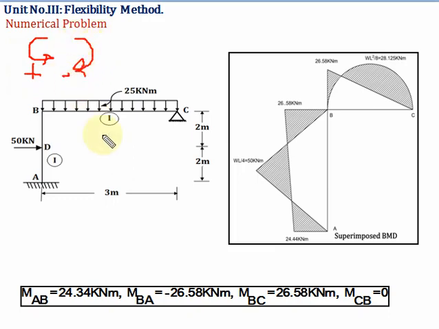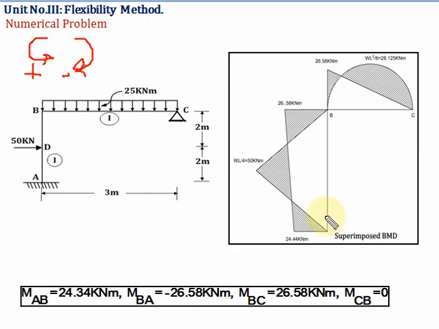Now if the value is plus, that means this moment is acting in the anticlockwise direction. First we have to draw the line ABC. Now the moment in member AB is plus 34.64.